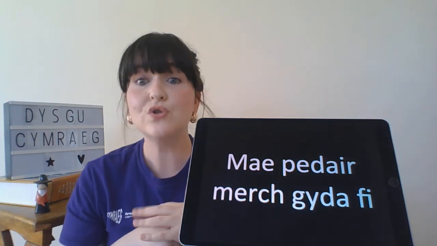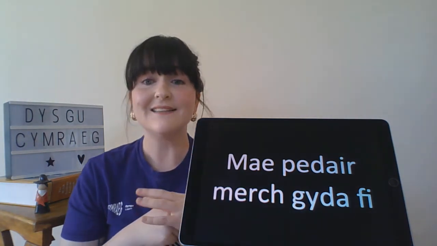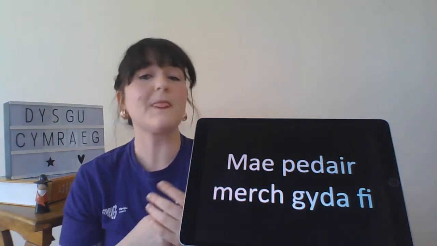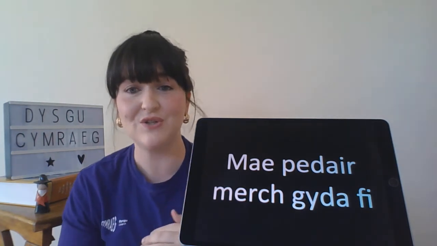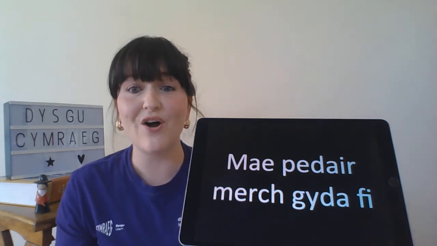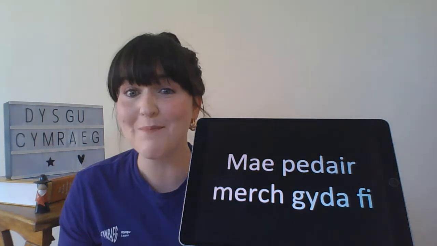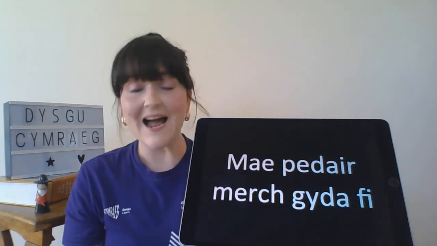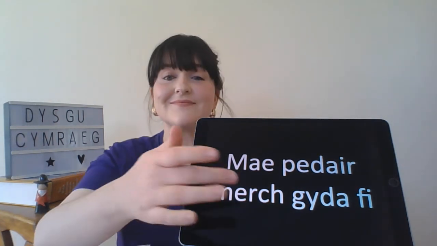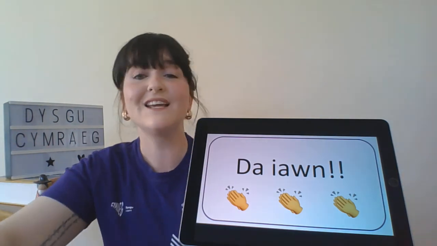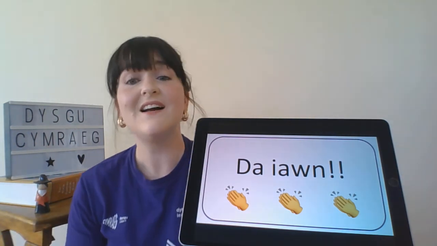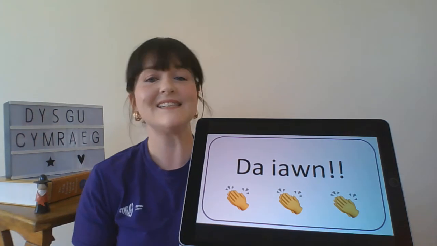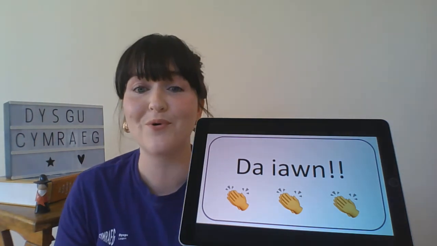Un ferch, 2 ferch, 2 fab. Your tutor will also explain to you the mutation rules in your lesson and will also go over the feminine numbers. 2, 3, 4.